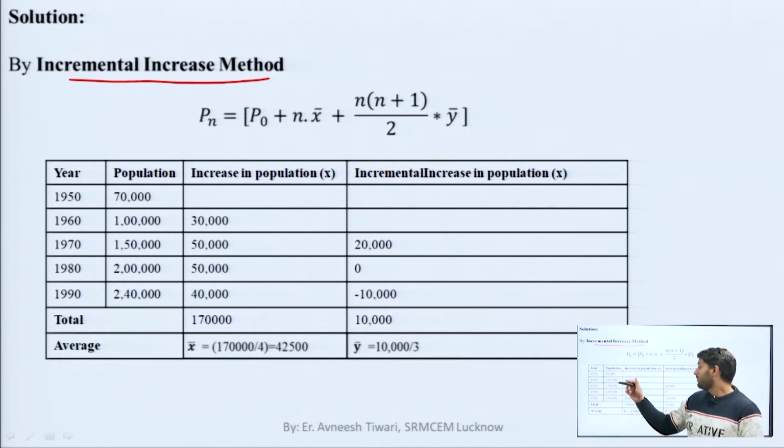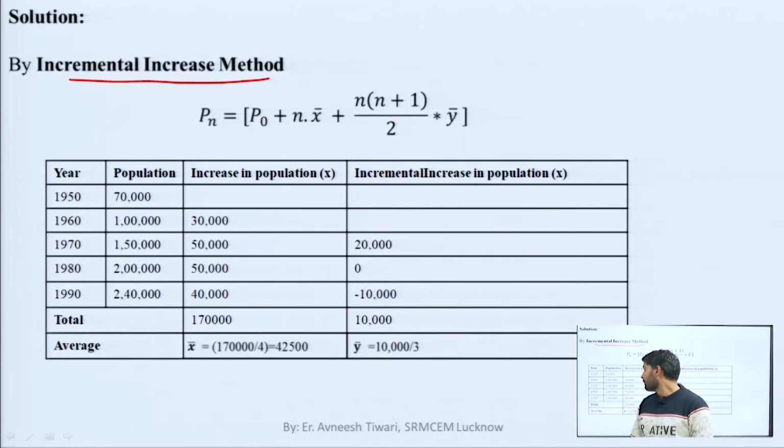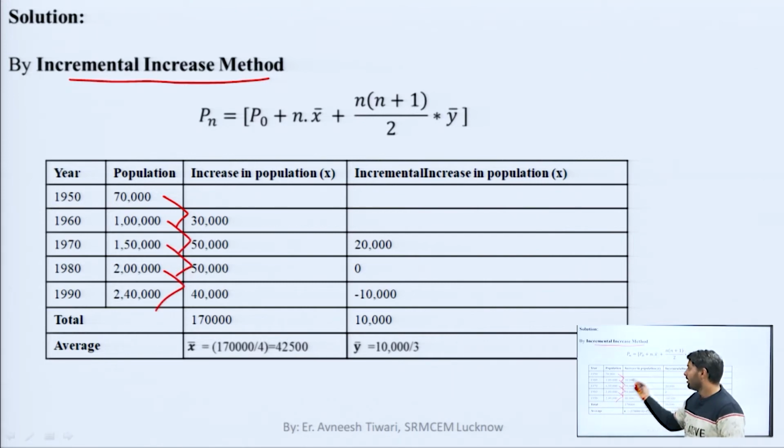Decreasing will result as a negative sign while increment will always be positive. So the basic thing is that first of all we need to calculate what is the increase in population. In the previous two methods we have already done the same thing. Here the difference is that an extra calculation is involved, and the extra calculation is in the form of incremental increase.